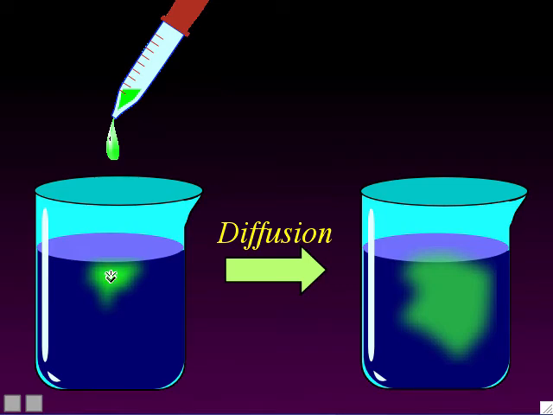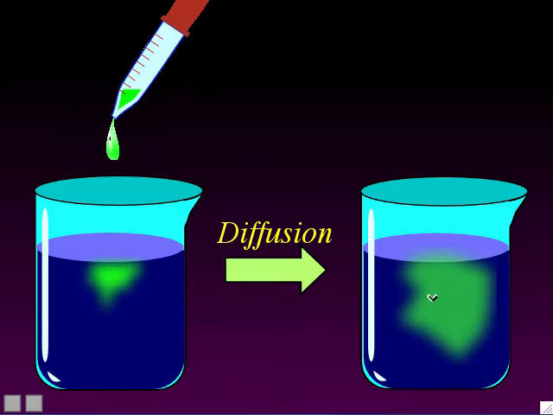So that's a high concentration area. And the surrounding areas right there are pure water, so they are very low concentration of the green solute molecules, right? So when we say the solutes are spreading, they are moving from that high concentration area to that low concentration area. And that's actually the technical definition of what diffusion is: movement of solutes from high concentration to areas of low concentration.